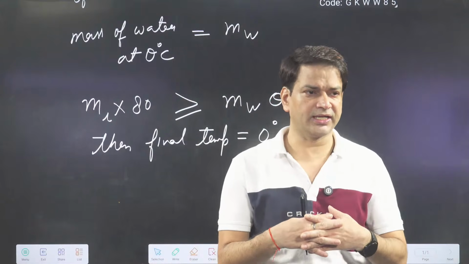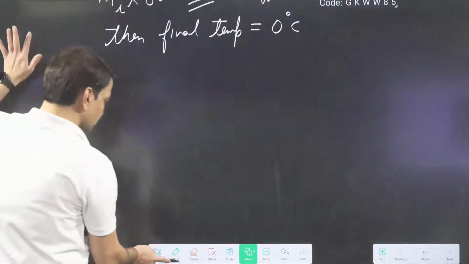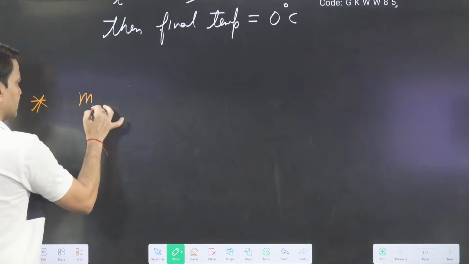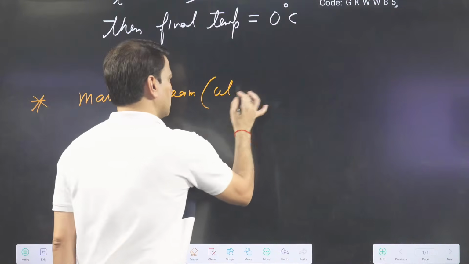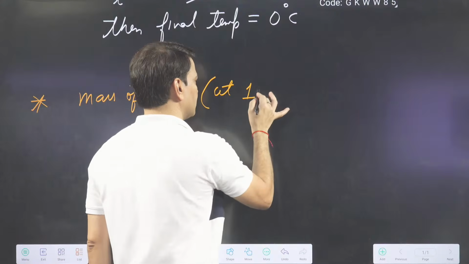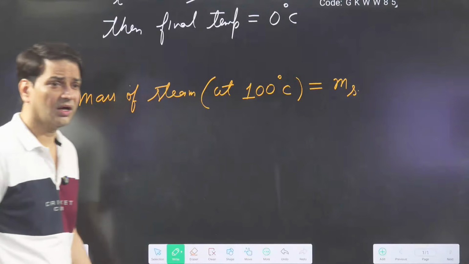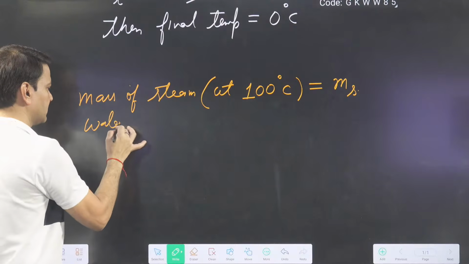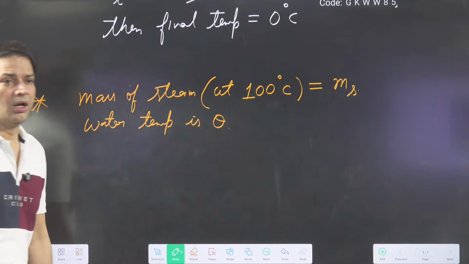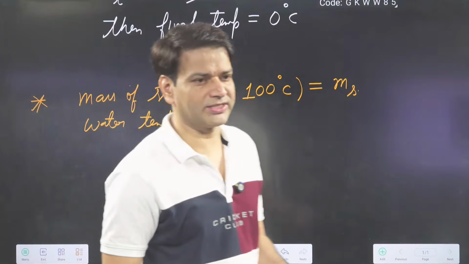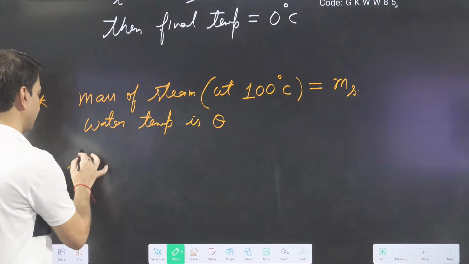Suppose water is at theta degree C and the steam temperature we are taking is 100 degree C. So the mass of steam I am taking, and the water temperature is... Now, by using your common sense, steam and water is mixed.